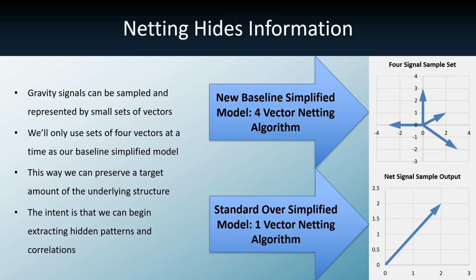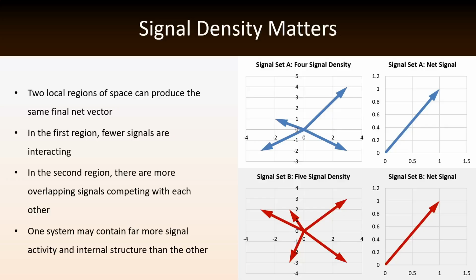This way, we can preserve a target amount of the underlying structure, instead of simply combining those vectors into a single net result. And when we preserve more of the underlying structure, the intent is that we can begin extracting hidden patterns and correlations.